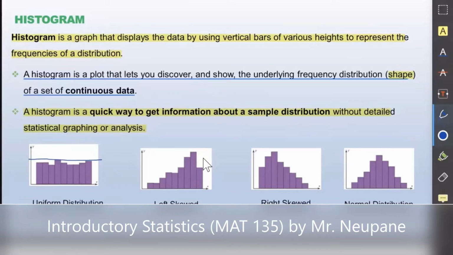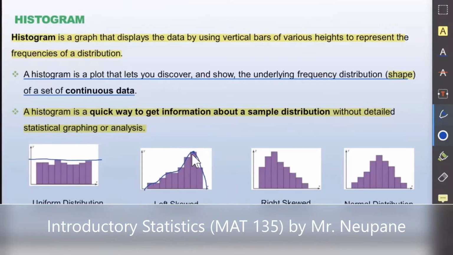Right. Now look at the second one. In the second one, here is the tallest bar. So from the tallest bar, if you try to draw the curve along the top of the other bars, you'll get that. And on the other side, if you go the same way like that, all the way up to x-axis, this is what you'll get. So this is the shape of the distribution. And you can see that this distribution has longer tail to the left. You can see it has a longer tail or extended more towards the left.